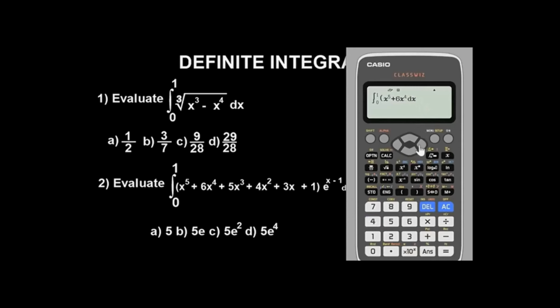You come down, plus 5x: alpha x raised to power 3. Then plus 4x: alpha x raised to power 2. Plus 3x: alpha x. Then plus 1. That's what we have there, guys.